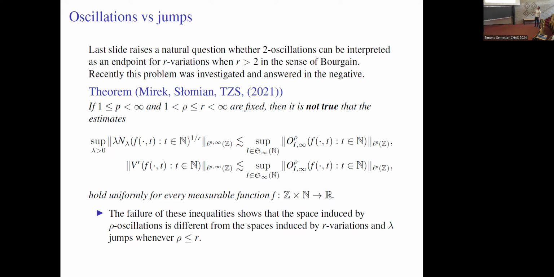In the sense that if we know that we have an estimate for raw oscillations, then we cannot conclude R variations.